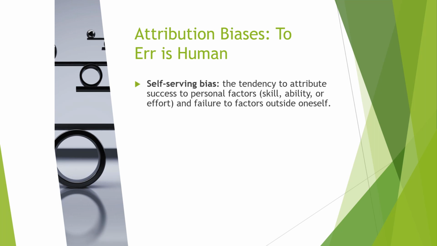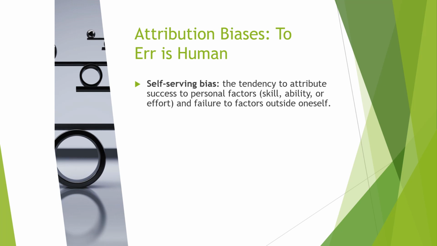So we have what is called a self-serving bias. That is the tendency to attribute success to personal factors, skill, ability, or effort, and failures to factors outside of ourselves. Again, if I do really well on the exam and get an A, it's because I studied really hard.